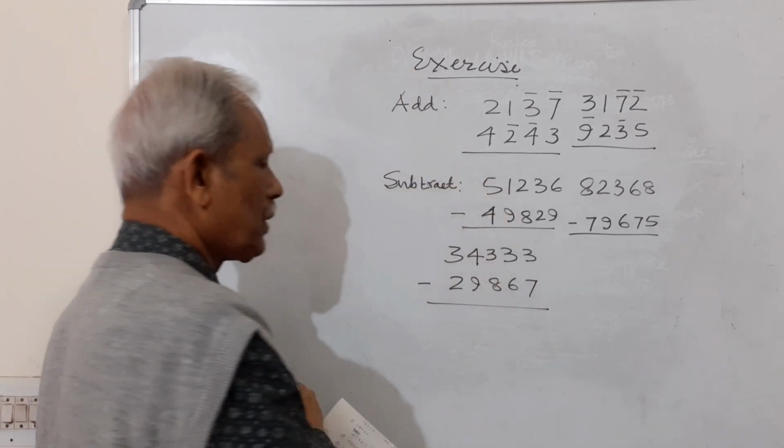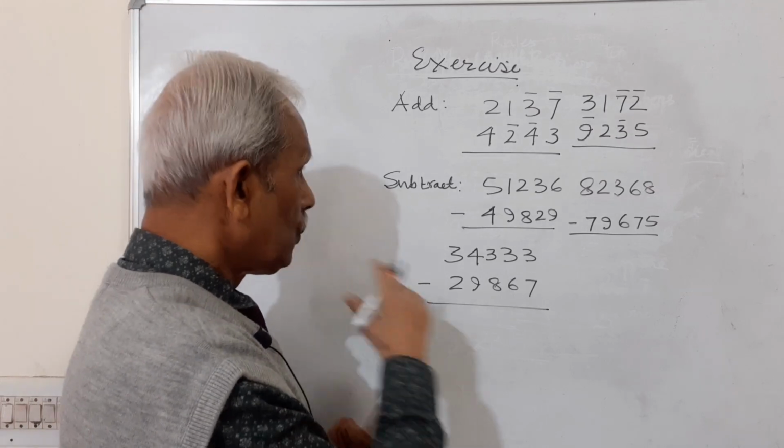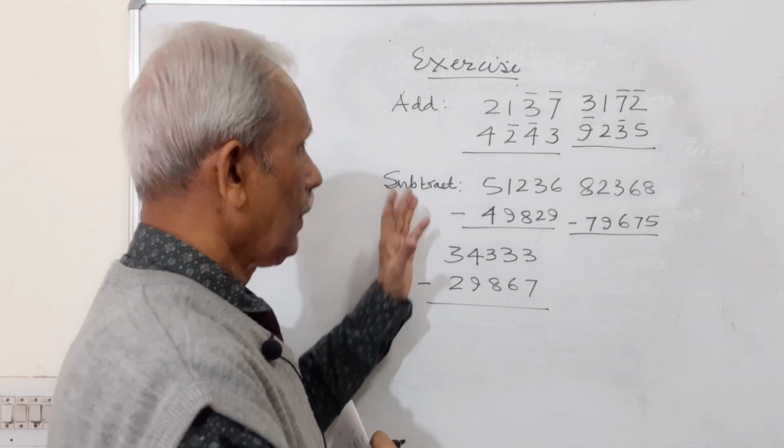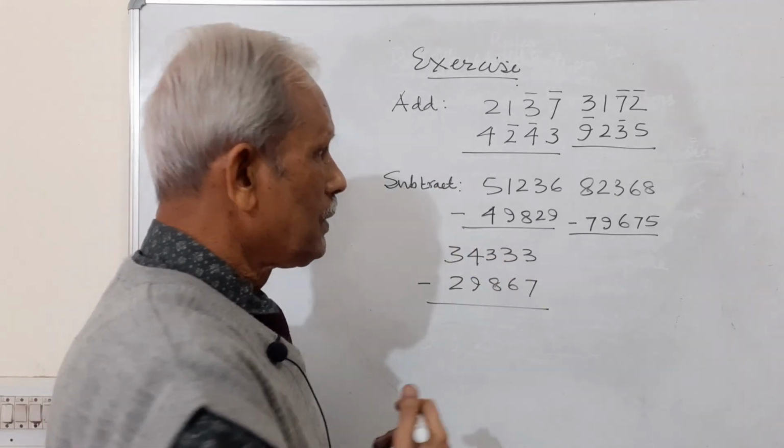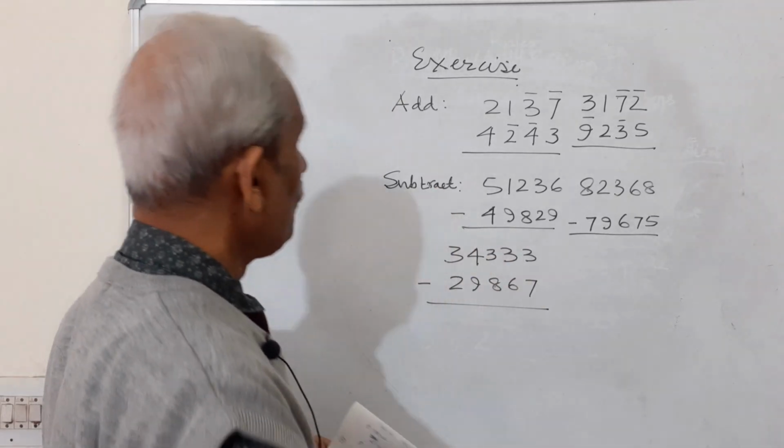Do this subtraction through vinculation, right? Not normal. Then through vinculation it will become easier and quicker to do.